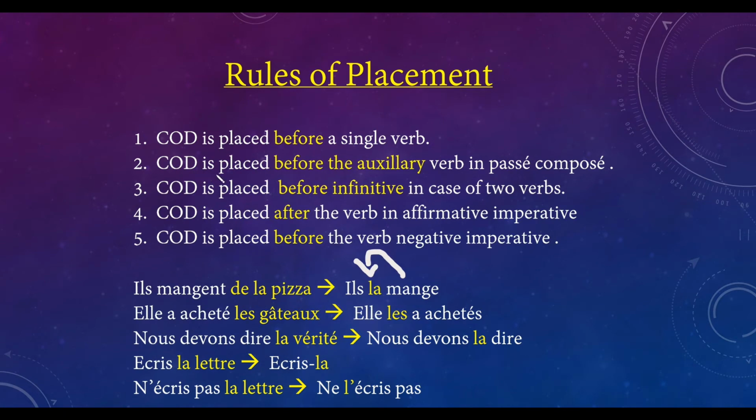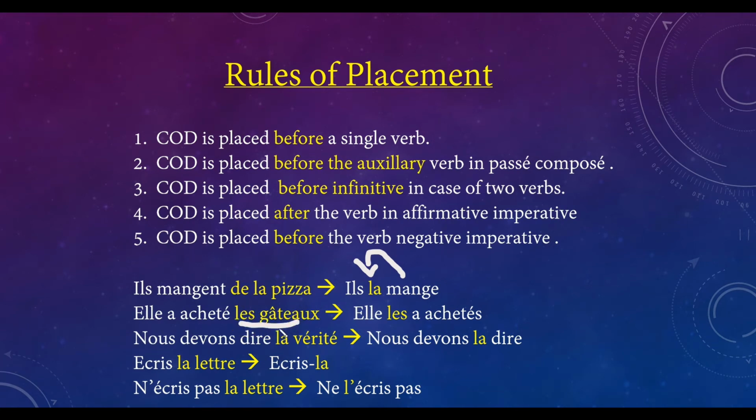Second point, the COD is placed before the auxiliary verb in passé composé. So if it is past tense, then you will place it before the auxiliary. Here, elle a acheté les gâteaux. Les gâteaux is the object here.